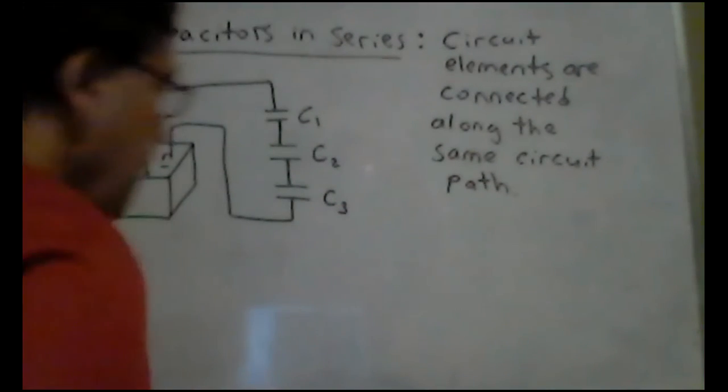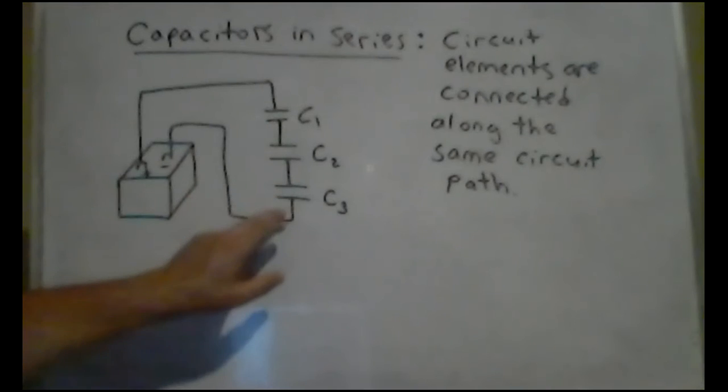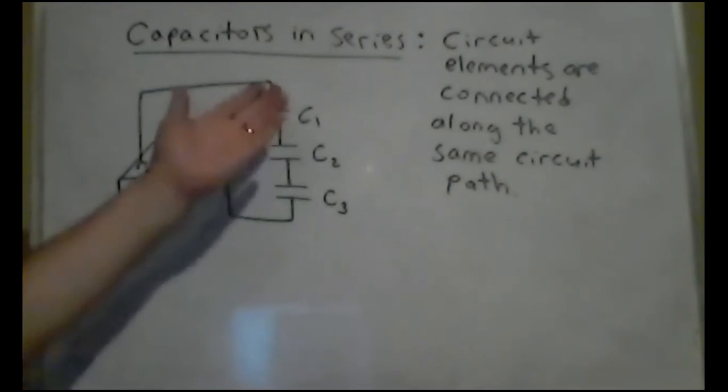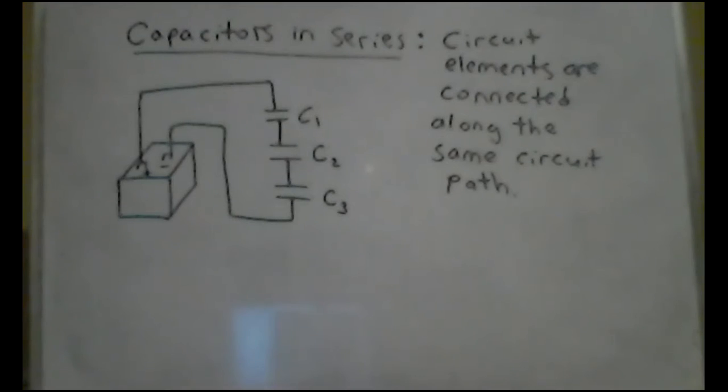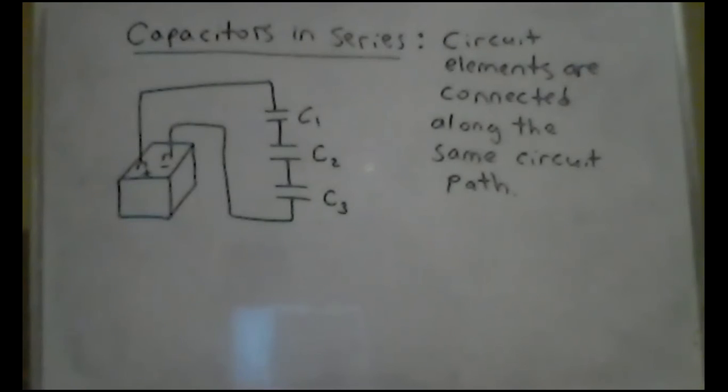Okay, one path, one wire goes through. This is a single path that goes through these 3. In this case, the circuit elements are capacitors, but in general, I could write resistors here. Again, it's circuit elements connected along the same circuit path. That's what series means.